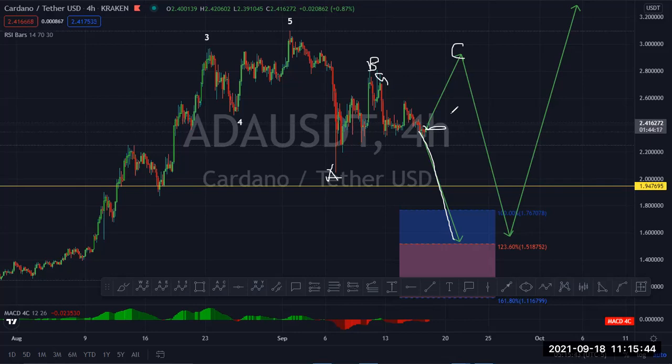If you don't have the knowledge, you may not be able to tell when it will finish. So now, either with B have completed here, it's possible. Then if that is the case, the market will continue to drop. Else, it may make a double correction.